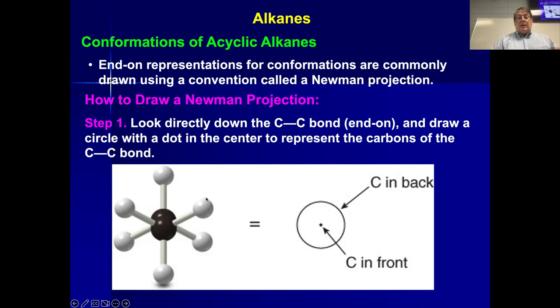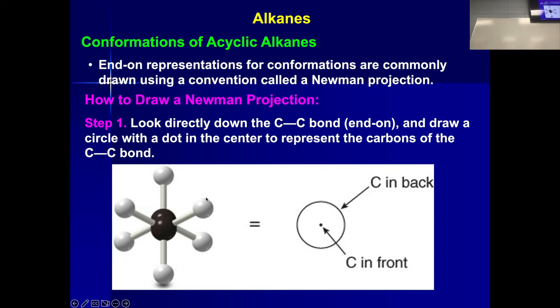We call this conformational analysis. It's a conformer, not a constitution. This and this have exactly the same constitution. What do I mean by that? The same Lewis structure, the same fundamentals, like the numbers of carbons and hydrogens, and all my carbons are connected the same here versus here, right?